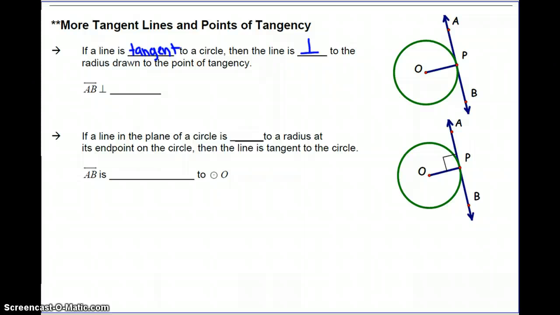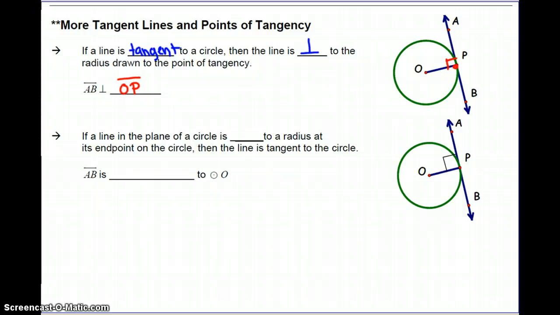So if we look at this picture on the top right, I do have line AB. It is a tangent line, and its point of tangency is P. Well, I drew a radius to point P, and that radius and tangent line are perpendicular, so they form a right angle. So line AB is perpendicular to segment OP.